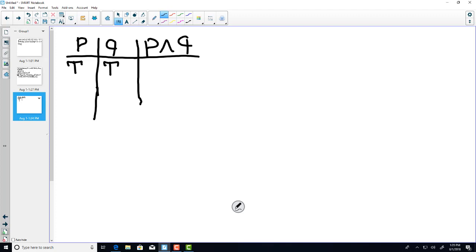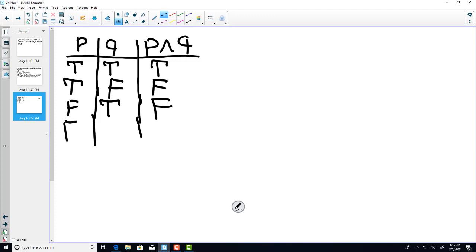Then if both are true, we have true. If P is true and Q is false, then P and Q is false. The same way, if we have false and true, we have false. And if we have false and false, we have false.